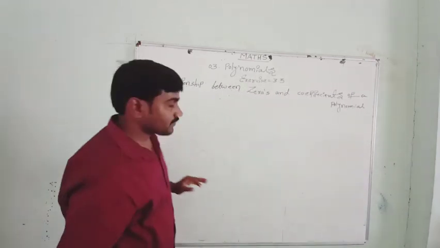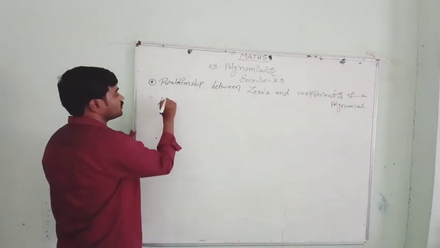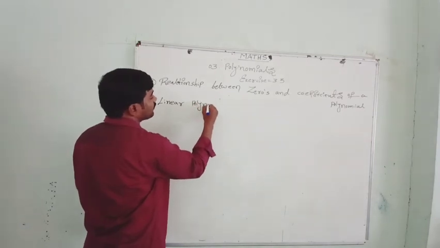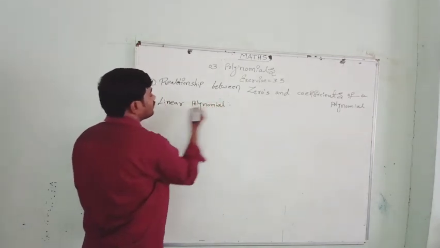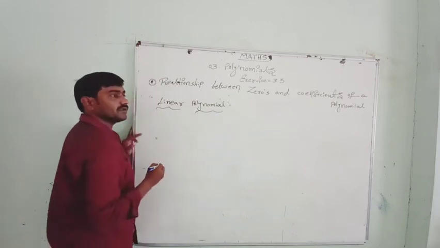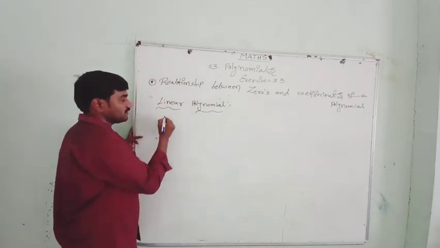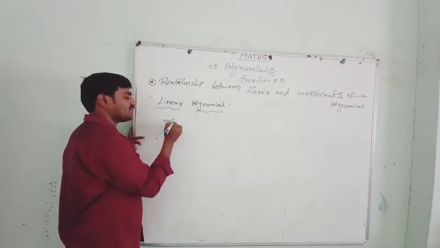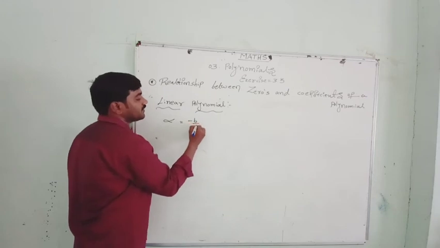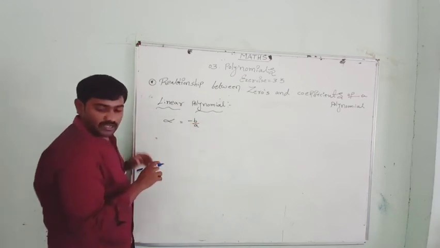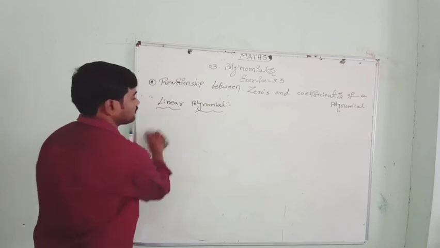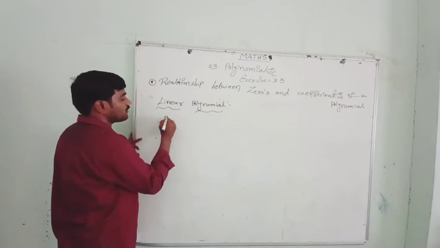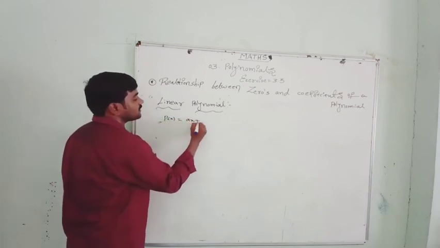Now, first of all, we have to learn about the linear polynomial. The general form: p of x equal to ax plus b.